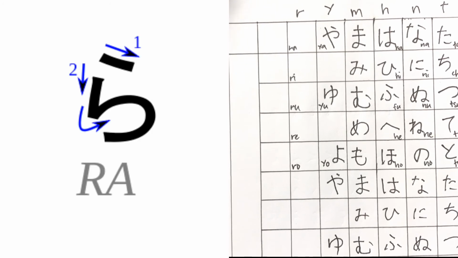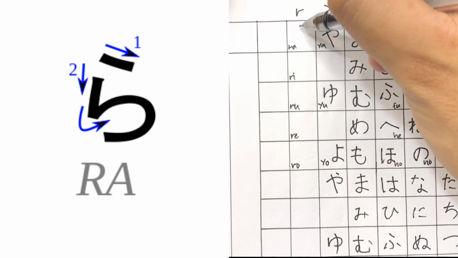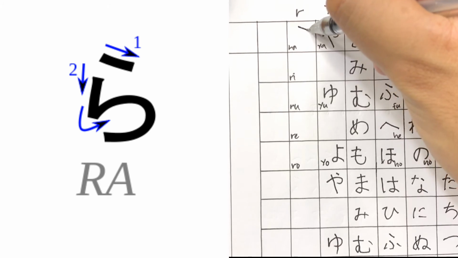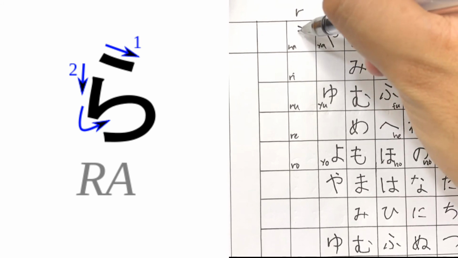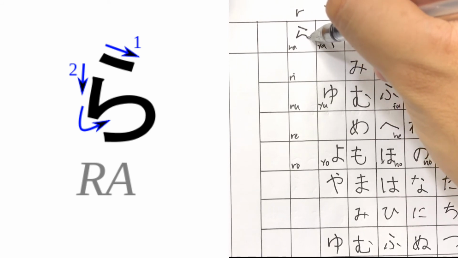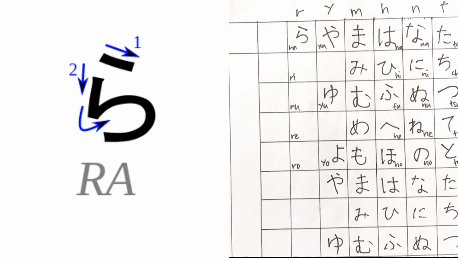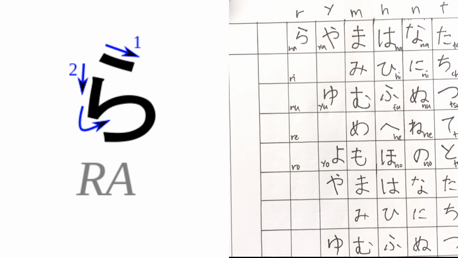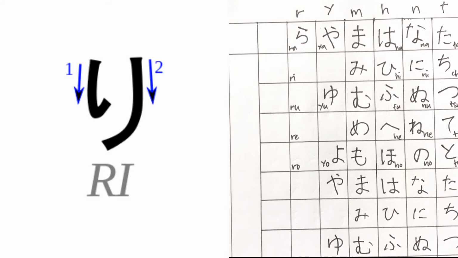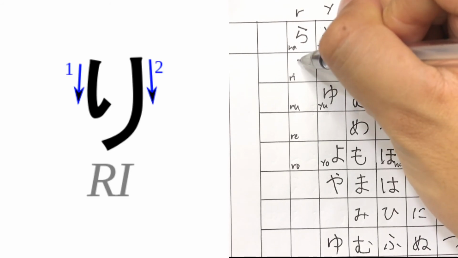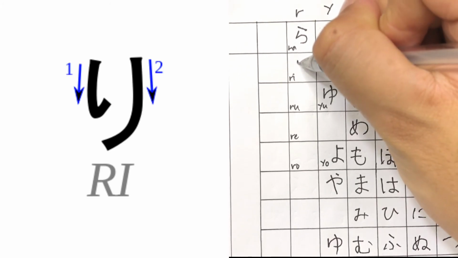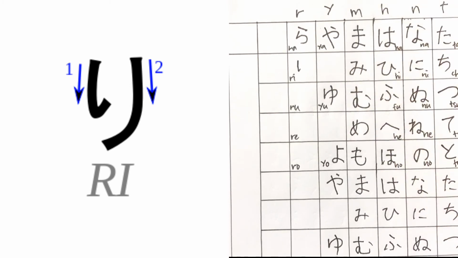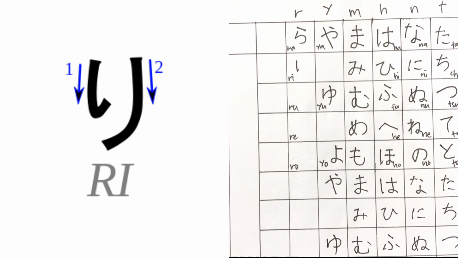So from the ra character, we have 2 strokes. It is slightly the same with chi. We start with a downward stroke, followed by the stroke, like a number 5. Next is the ri. We start ri with a short line, like this E character.